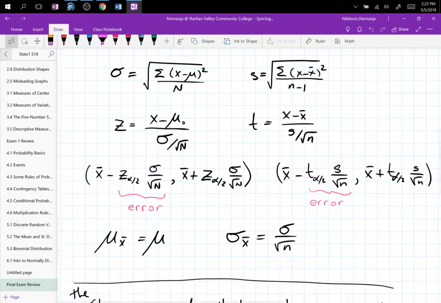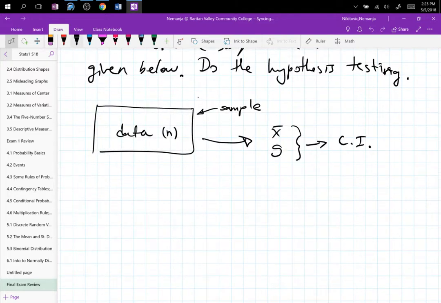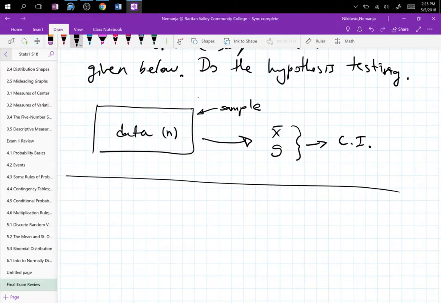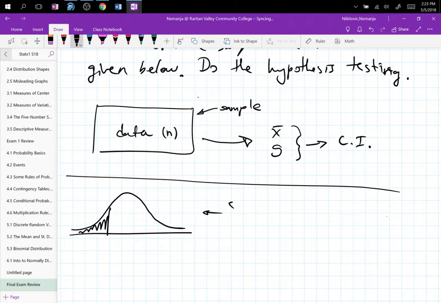The next part that I want, so I'll deal with probability later. I just want to make sure that I go through all of these. So also what you have to be very careful about is when you have shading. So if you have this situation, just look at the z-score chart.